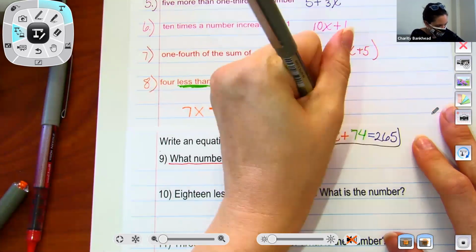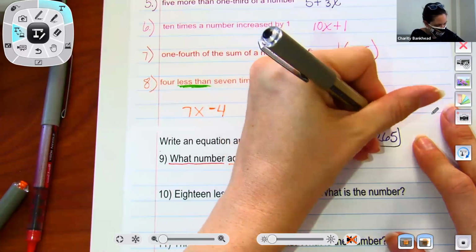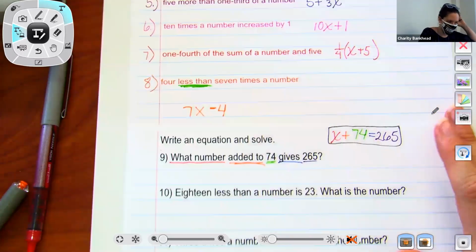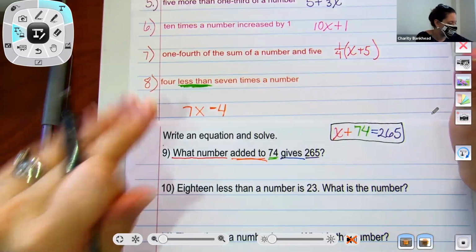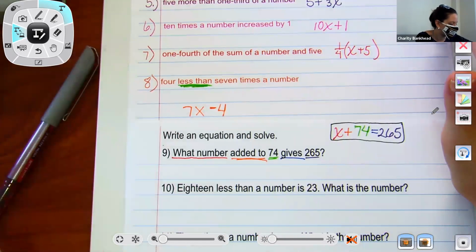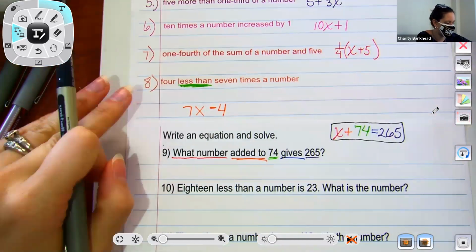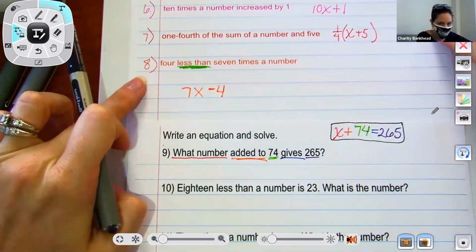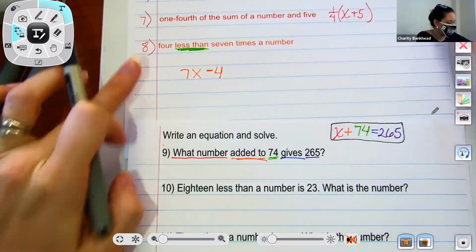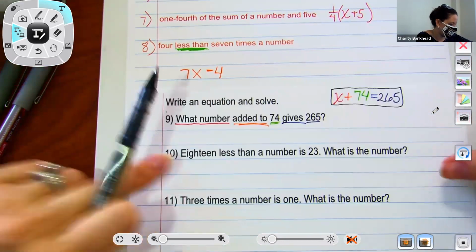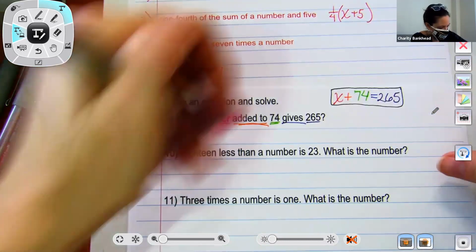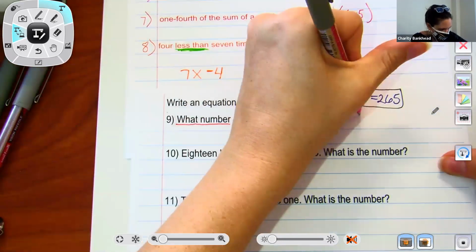Sometimes it might just say write an equation. So you have to be able to not only answer the question, but also write down the equation. That's part of your answer. All right, and then solve it. So subtract 74 from both sides.